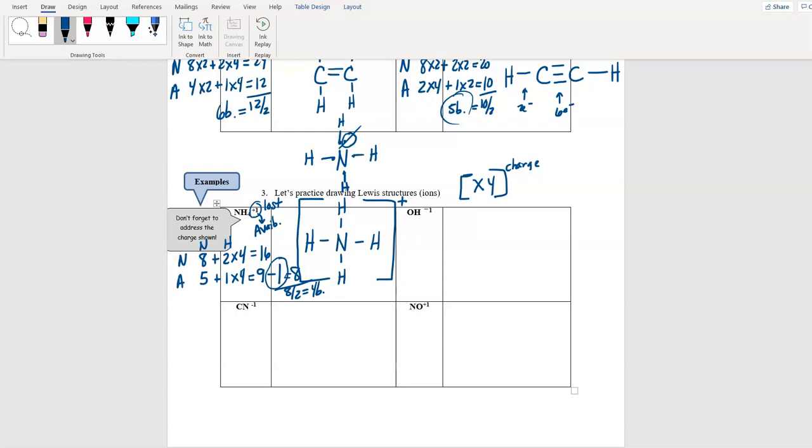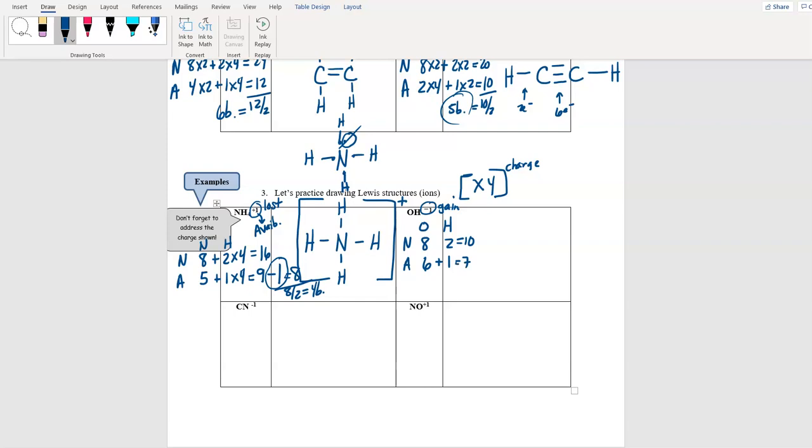Okay? So for OH, and somewhere in here, I gained an electron. So for need, oxygen needs 8, hydrogen needs 2. So that's 10 electrons. For available, oxygen has 6, hydrogen has 1. See where that odd number comes in?